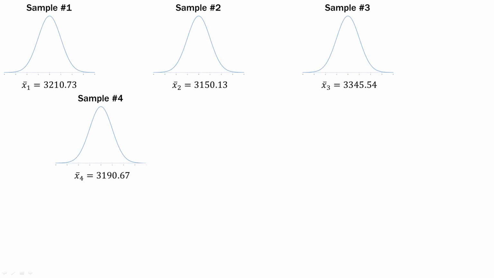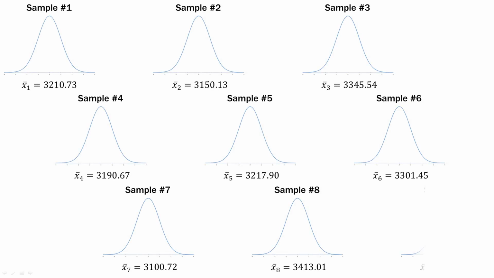And it looks like this. So we have our 9 samples. So you can see x bar sub 1, x bar sub 2, x bar sub 3, etc. And each one has its own mean and deviation. So it might look like this as far as a collection of sample means.